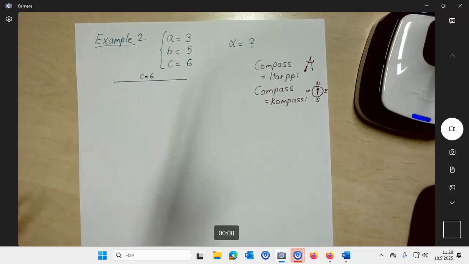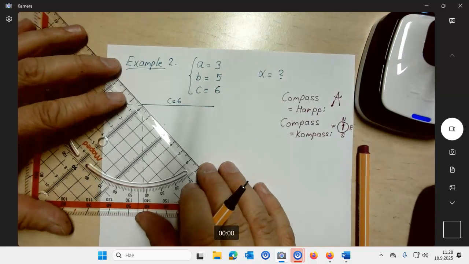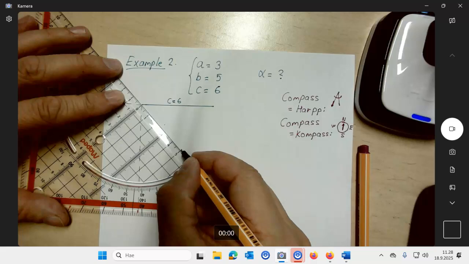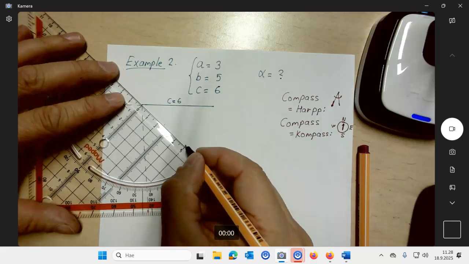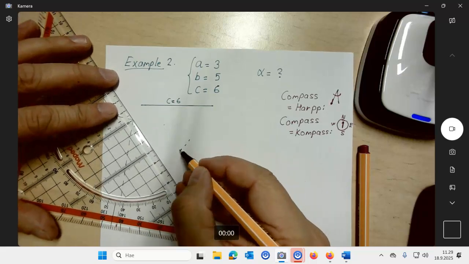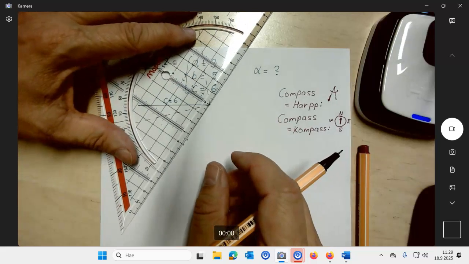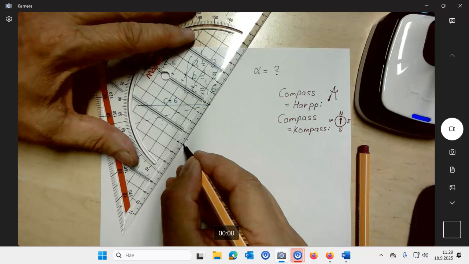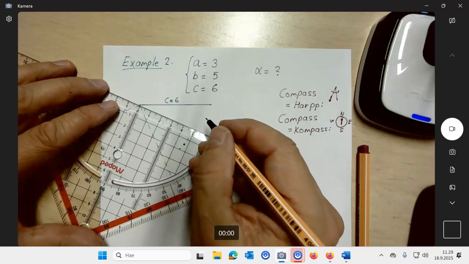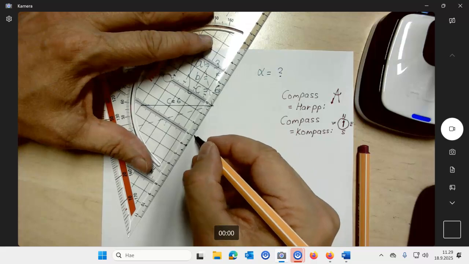Here I should need that to draw a better drawing, but I try to use my ruler here, 5 here. I try to draw some kind of circle there. So there would be the circle there, and 4 would be there. Sorry, it was 3. Let's continue. 3 would be about there.